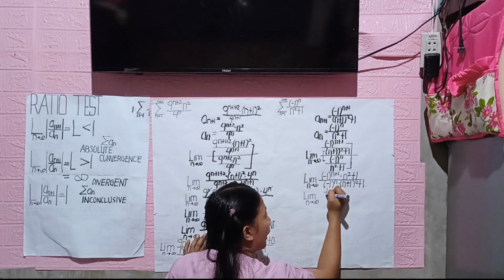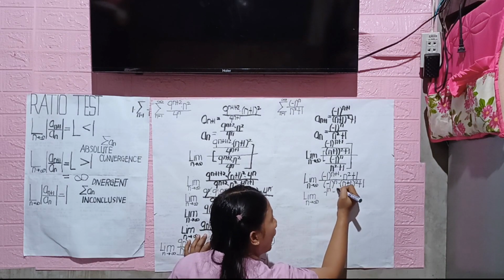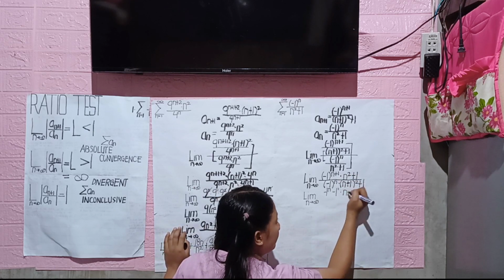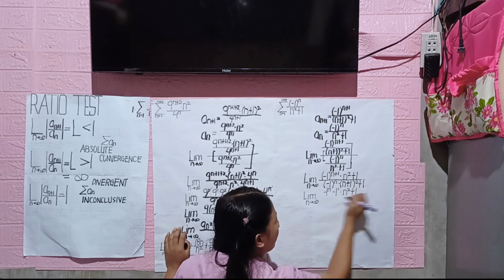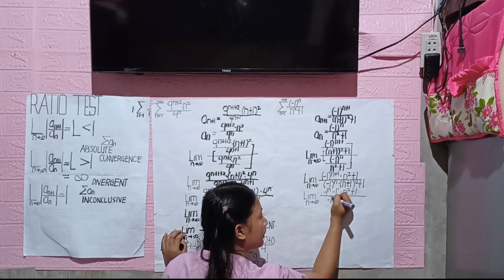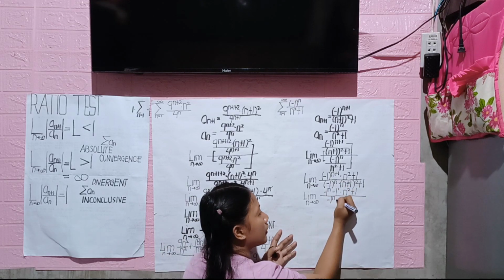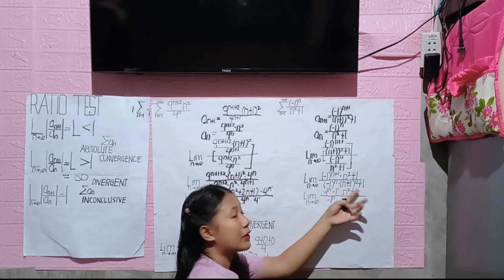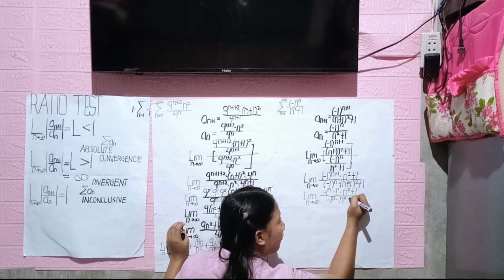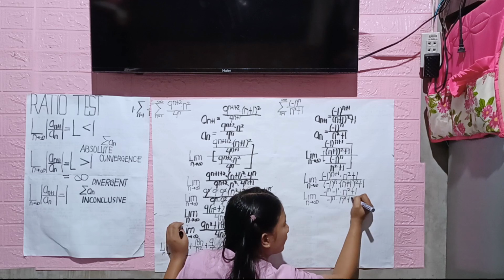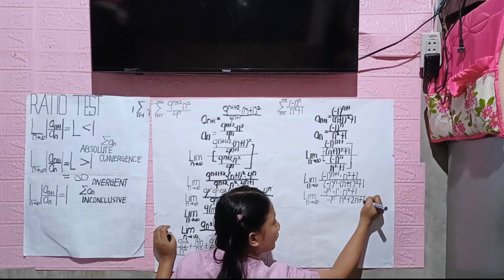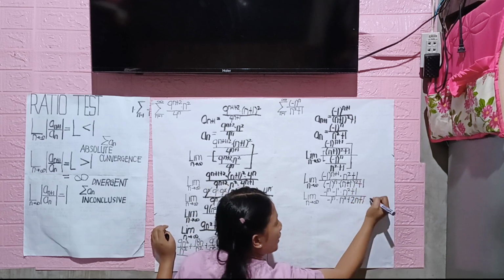So, it will become negative 1 raised to n, negative 1 raised to 1 times n squared plus 1 divided by, so, negative 1 raised to n times, so, the quantity of n plus 1 squared will become n squared plus 2n plus 1. Plus 1, we are going to copy this.